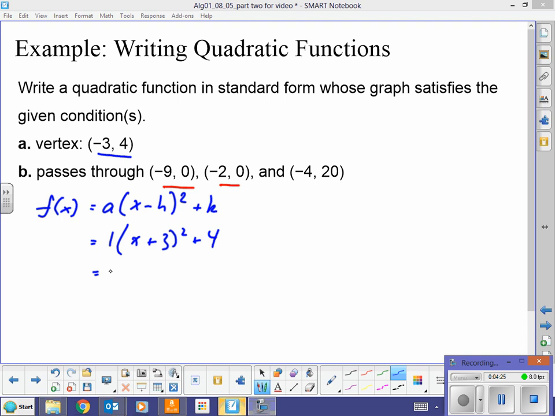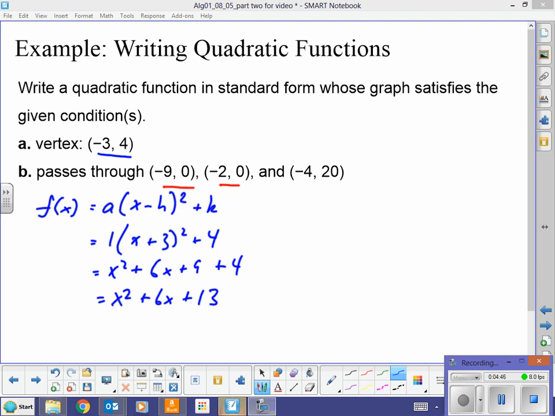And I know that x plus 3 squared is going to be x squared plus 6x plus 9, using my special product shortcut, and the plus 4. And then this simplifies to x squared plus 6x plus 13.